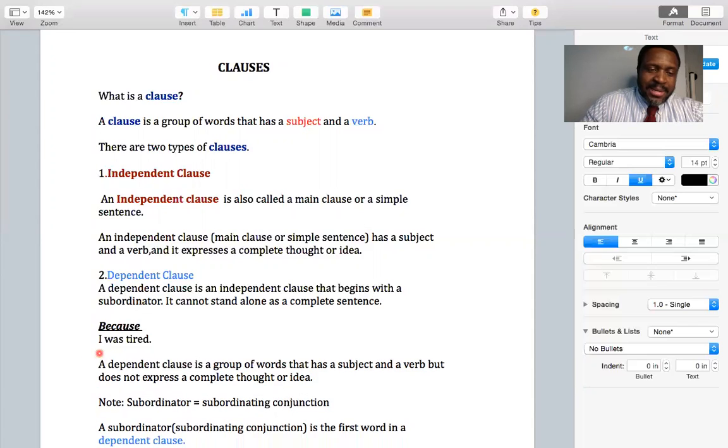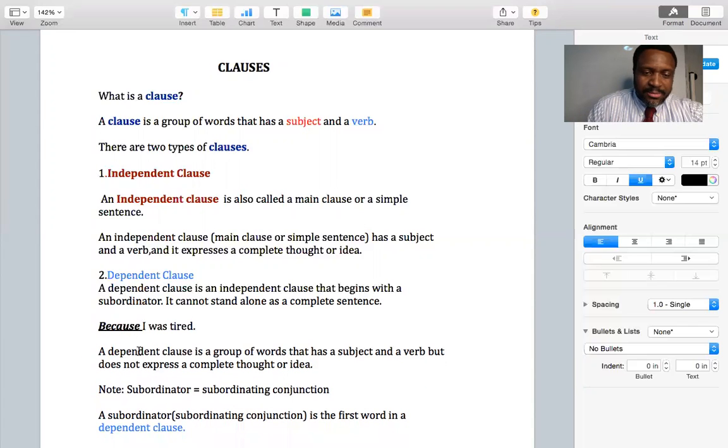If I take it back to this place and get rid of this comma, it turns back to a dependent clause. It becomes a dependent clause again. So a dependent clause is an independent clause that begins with a subordinator.